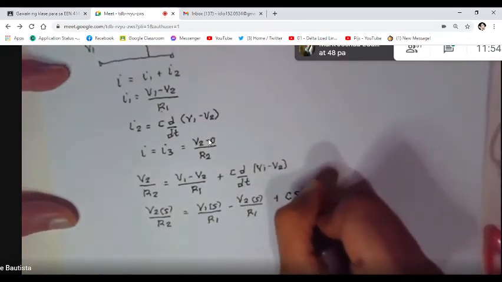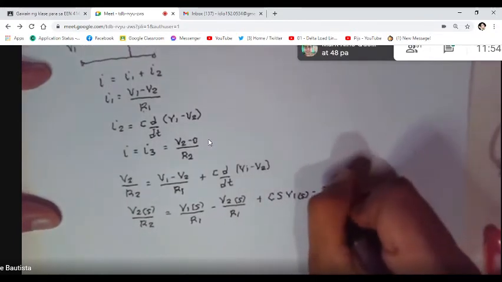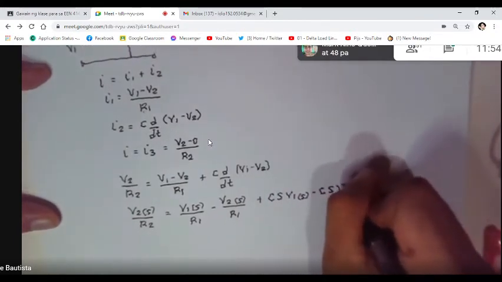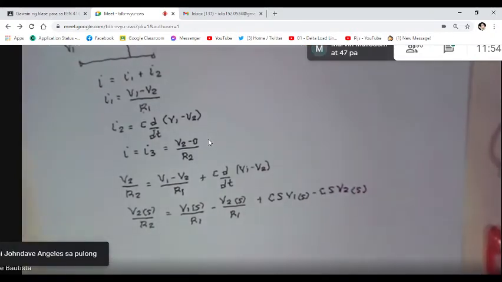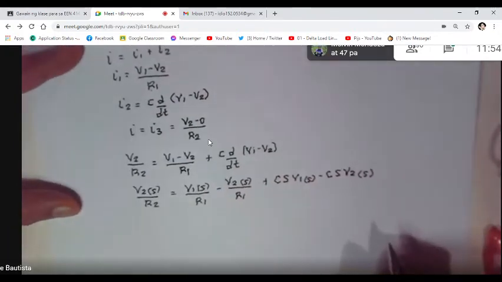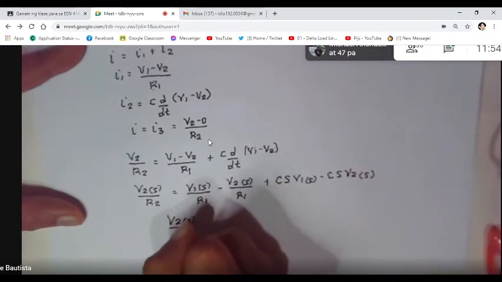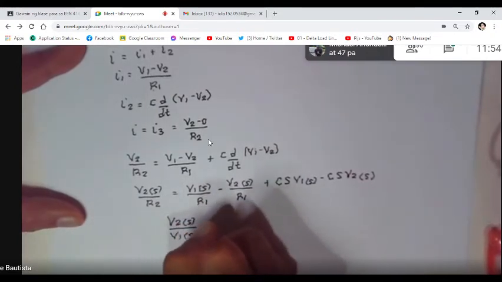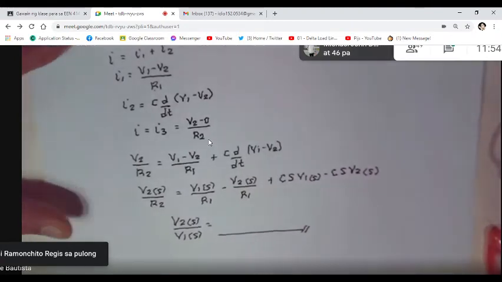CS V1(s) minus CS V2(s). Yan. So, gumawa kayo ng paraan in such a way na ang lalabas dyan ay V2(s) over V1(s). So, yun ang magiging transfer function.